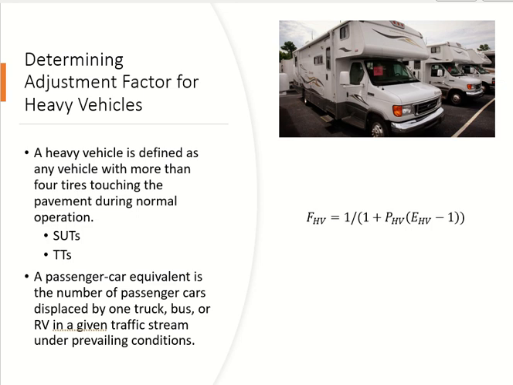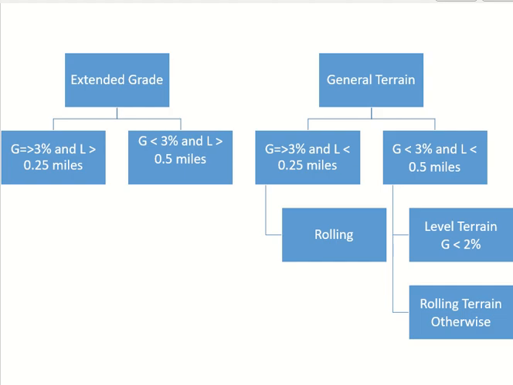I need the equivalency factor. For the equivalency factor, I need to decide whether I should use the big table or the small table. That depends upon this chart. My gradient is how much? 3.5%. So either I'm here or I'm here, right?